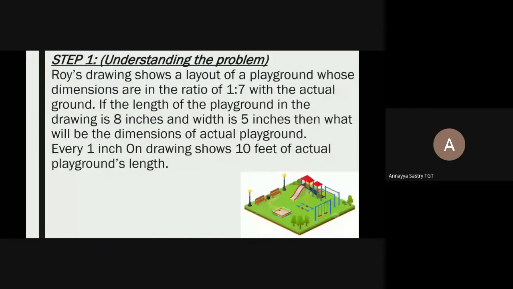Means if the drawing is 1, then the actual ground will be 7. If the length of the drawing is 8 inches and the width is 5 inches, then what will be the dimensions of the actual playground?